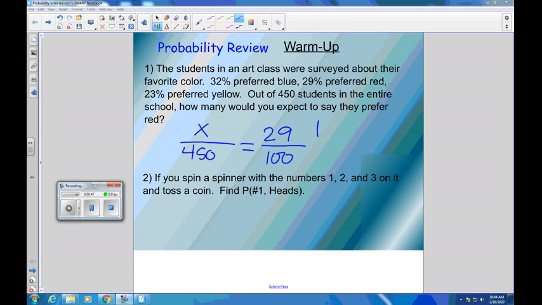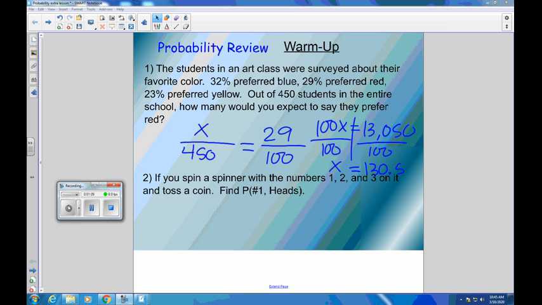So 100 times x is 100x. 29 times 450 is 13,050. I'm going to then divide both sides by 100, and I get x equals 130.5. So I would round that up to say about 131 students prefer red.